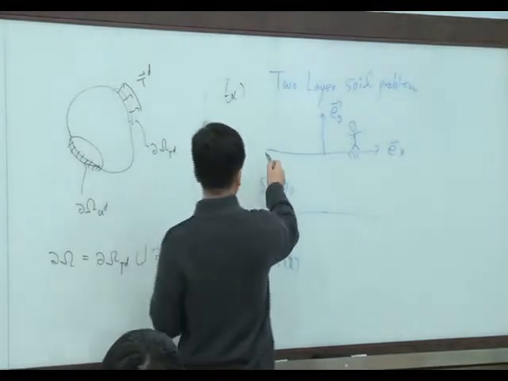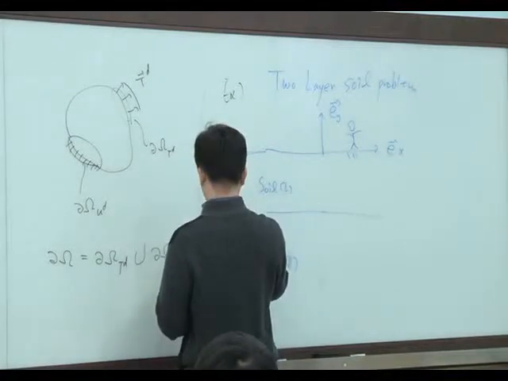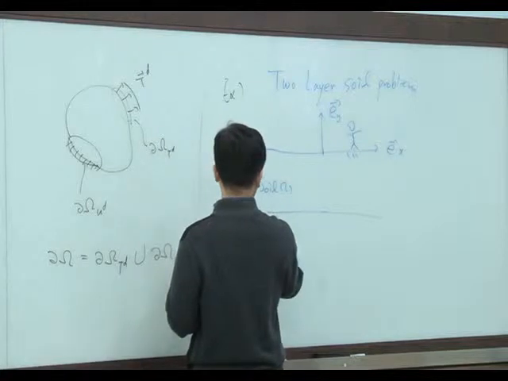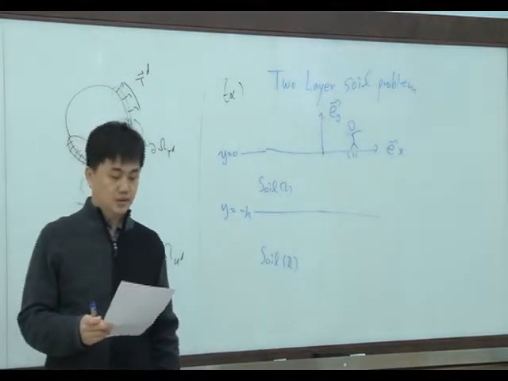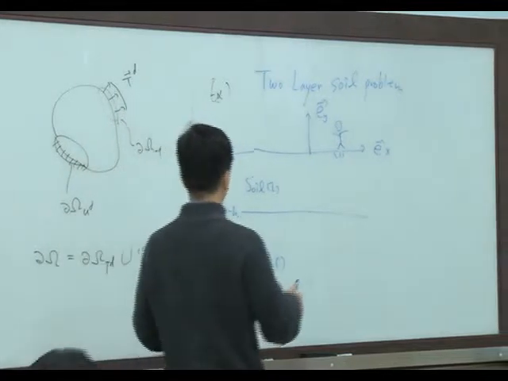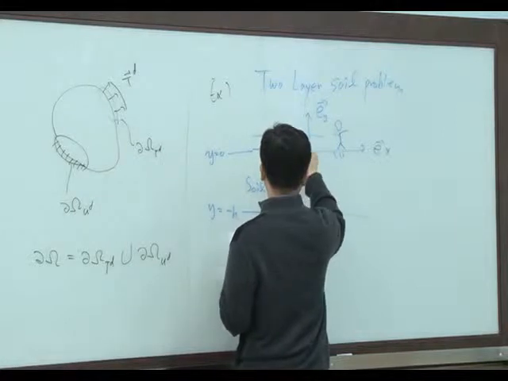And y equals 0, y equals minus h. On the surface of the soil, a uniform pressure P is applied.